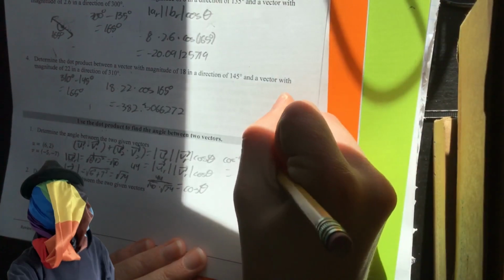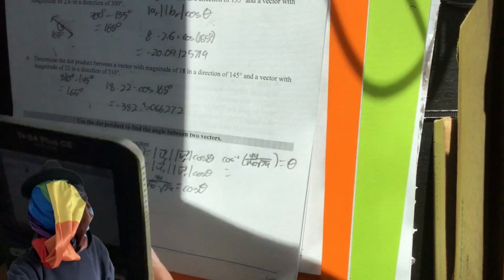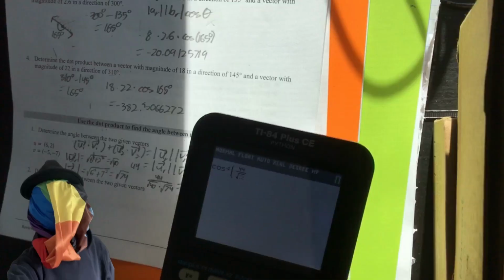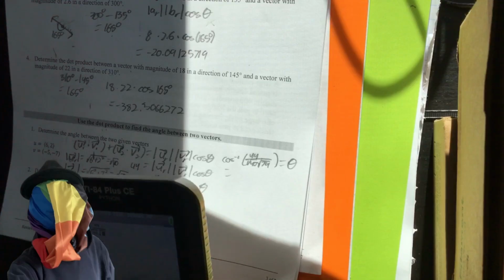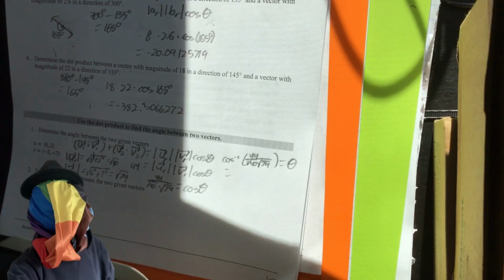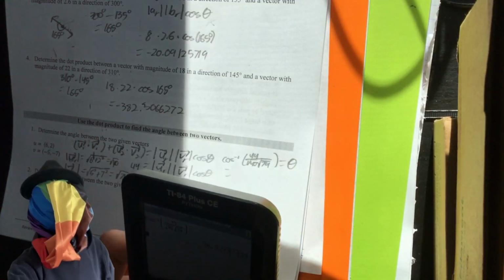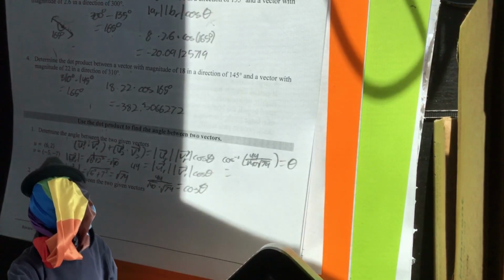It's gotta be square root. That is in degrees. I think it should be fine. It doesn't say you have to do radians.